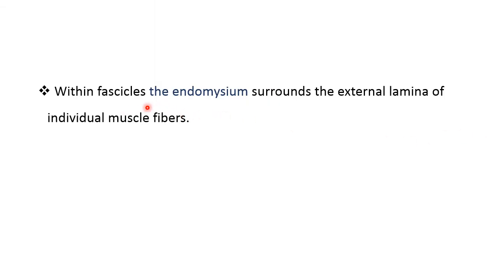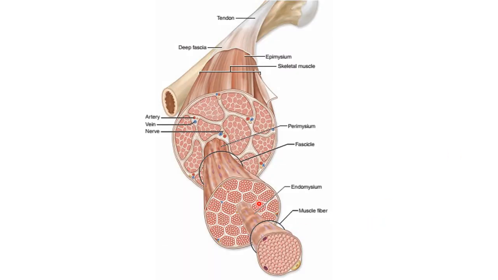Within the fascicles, the endomysium surrounds the external lamina of the individual muscle fibers. Let's see in the image. This is the fascicle. Within the fascicle, we have many individual muscle fibers. This one of them, one of the muscle fibers, is surrounded by the endomysium.